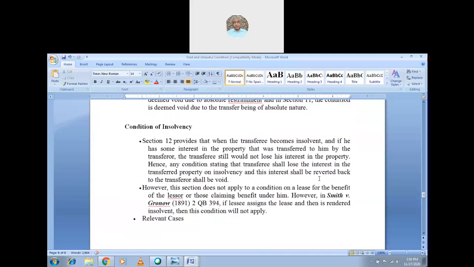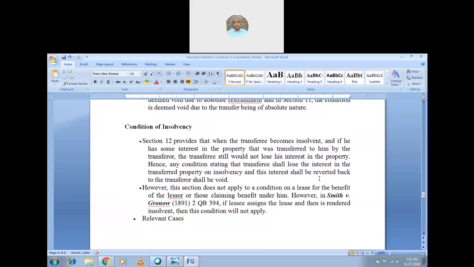Hence, any condition stating the transferee shall lose the interest in the transferred property on insolvency, and that this interest shall revert back to the transferor, shall be void. I repeat, it cannot be reverted back to the transferor.